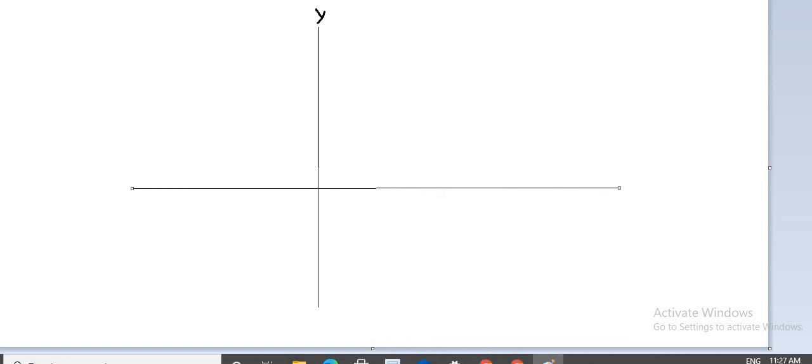So let's plot this parabola so that it will give us a clear idea of how to approach this question. Suppose this is my y-axis and this is my x-axis.